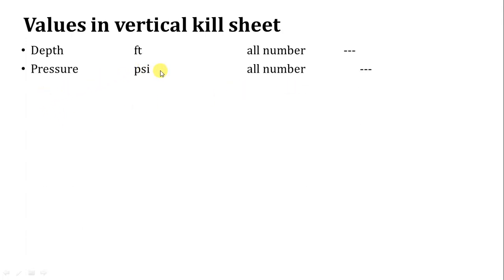Pressure in PSI also has to be a full number. For example, 500 PSI. There is nothing called 500.5 PSI. There is nothing that can be read through the gauges like 0.5. How can you read 0.5 on the gauge? It will not be an accepted value. So it is also a full number.